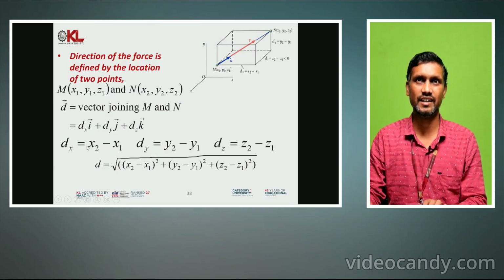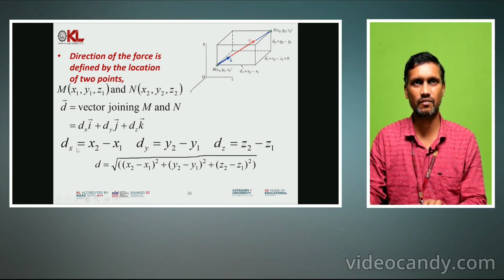Next, d. d is the distance. How will you find distance? Again, like force, divide distance also. Why am I doing all these things? Force, distance, because I have to find moment. Moment is nothing but force times distance. First, what we have done? We have divided force into x, y, z directions, and we find the complete final resultant force.